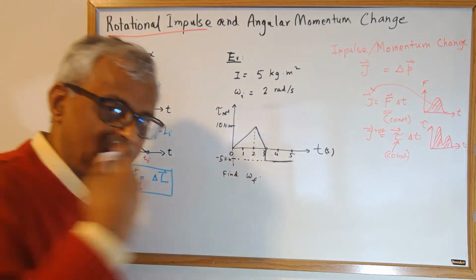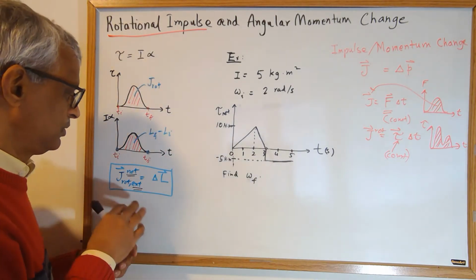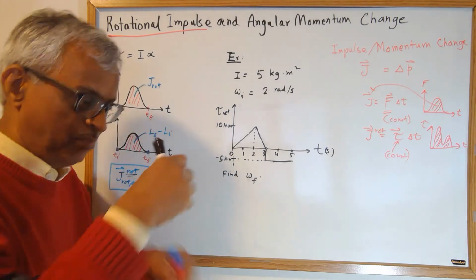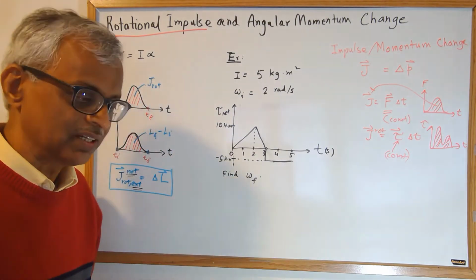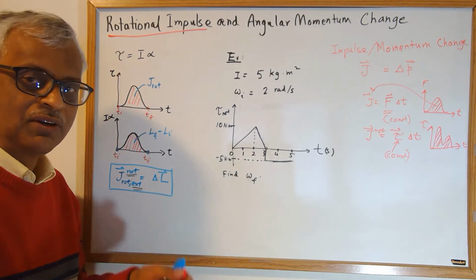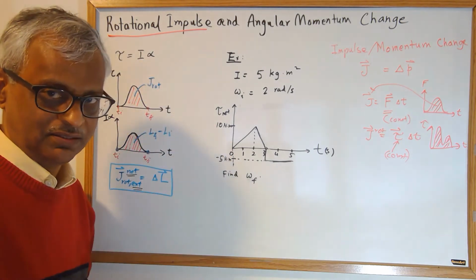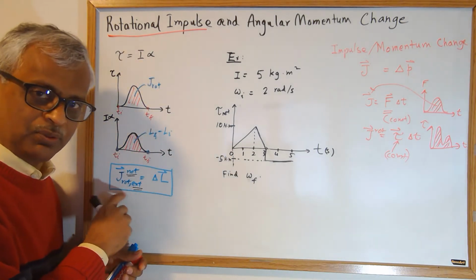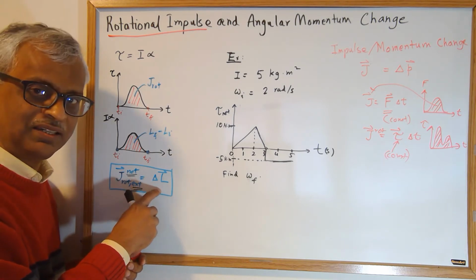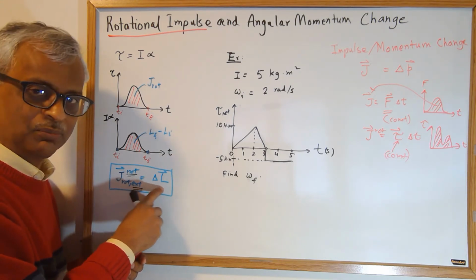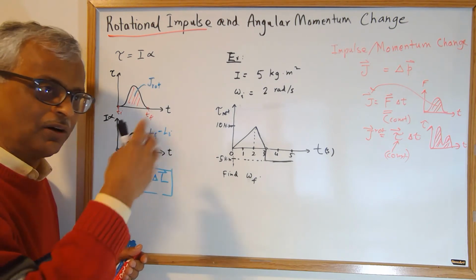If you have many parts to your system, you don't count the torque of one part on another part, only torque from outside, say gravity. So you add up all the forces acting from outside the system, and you compute their net rotational impulse. You will see that will be the net angular momentum change of everything.